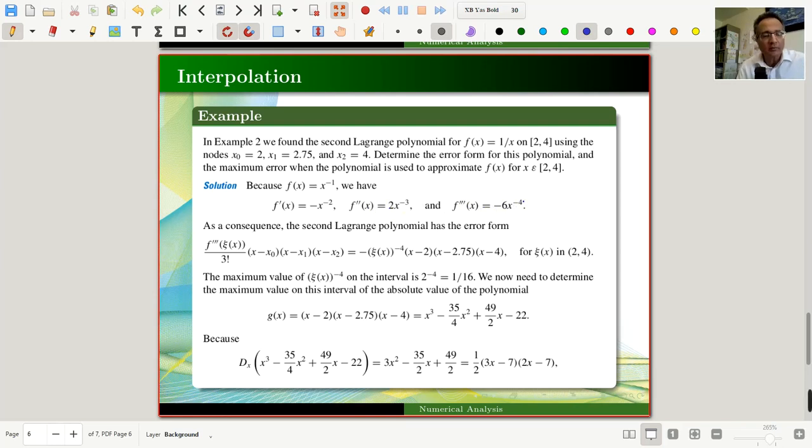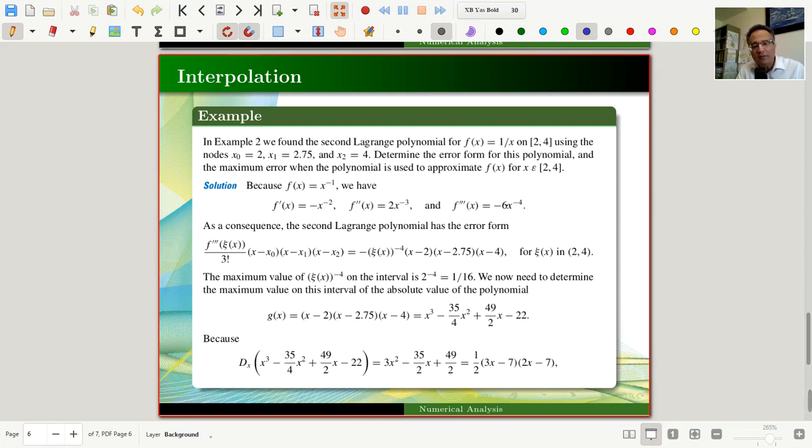So as a consequence of the previous theorem, we have to compute f triple prime at xi of x over 3 factorial times this one. If you put xi of x instead of x in minus 6x to the power of minus 4, you get minus 6 xi of x to the power of minus 4.